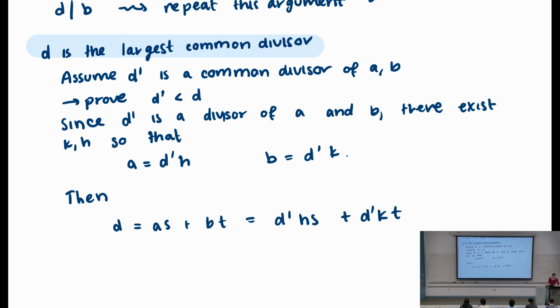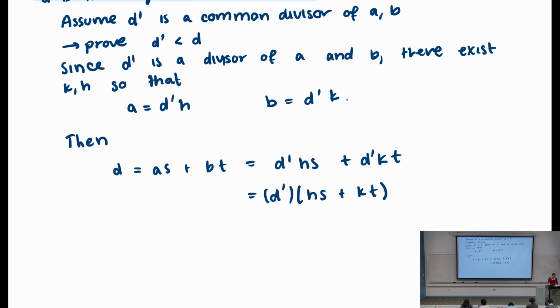So then this means that D can be written as D prime times (HS plus KT). Okay, so that means that D prime is a divisor of D. And so D is the greatest common divisor.